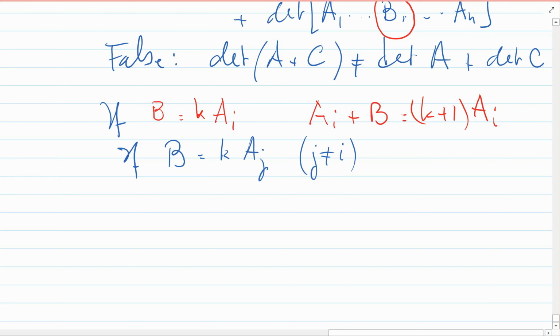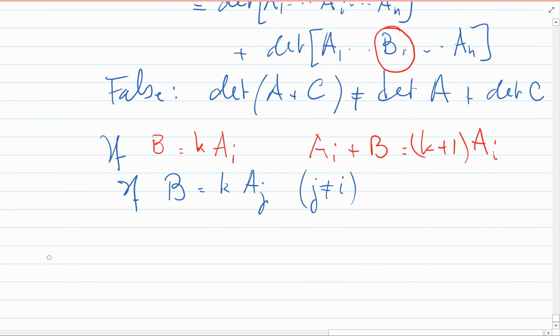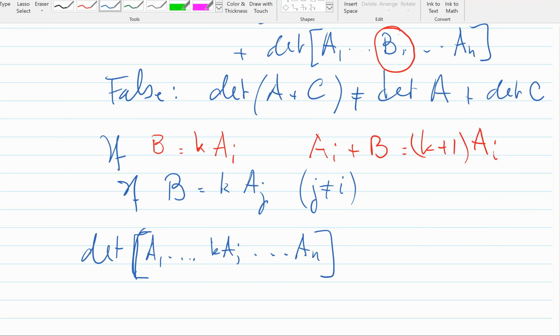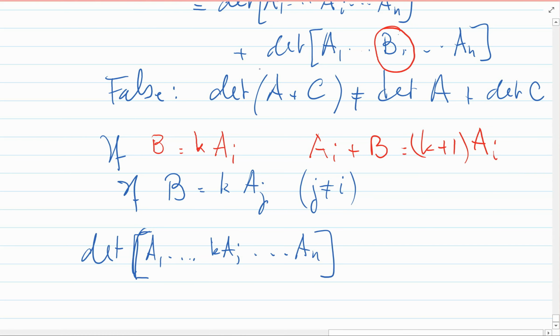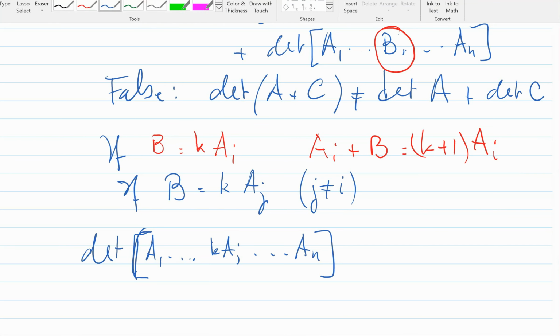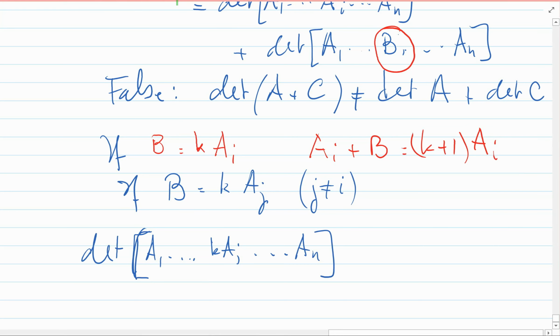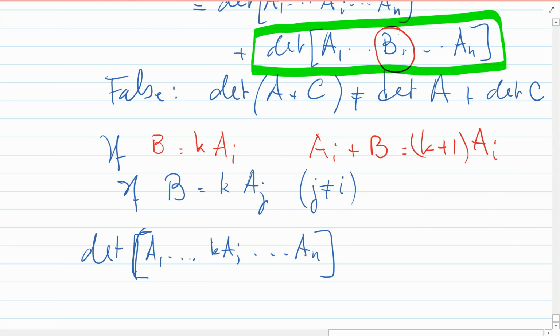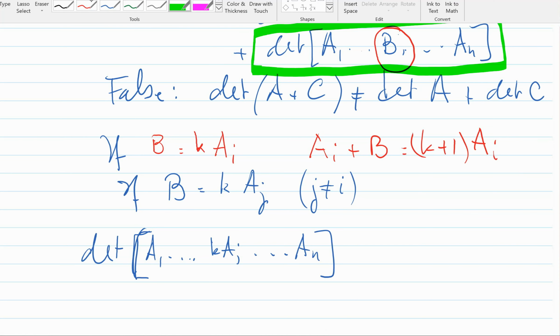Then what is now the determinant of the matrix A1, ..., K AJ, ..., AN? I'm talking about this determinant here.